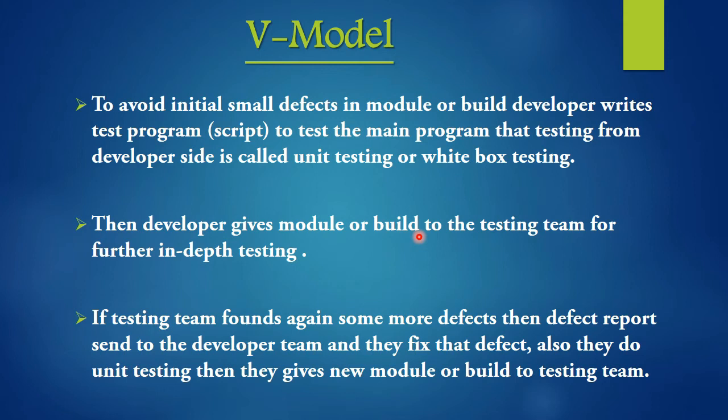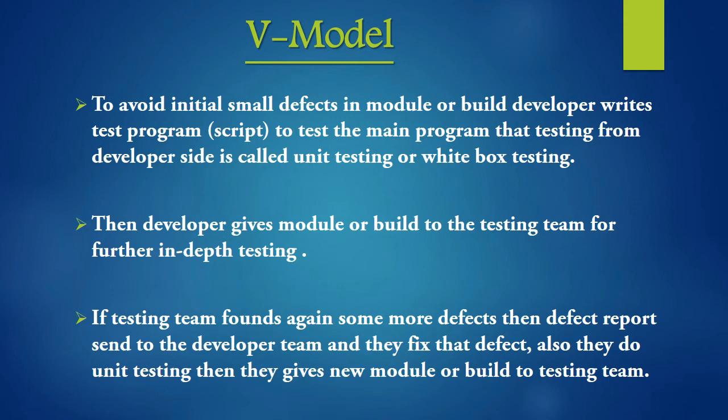After completion of coding and unit testing from the developer side, the module needs to be tested in depth. That is the work of testers, and with their help that module or build is tested in depth.